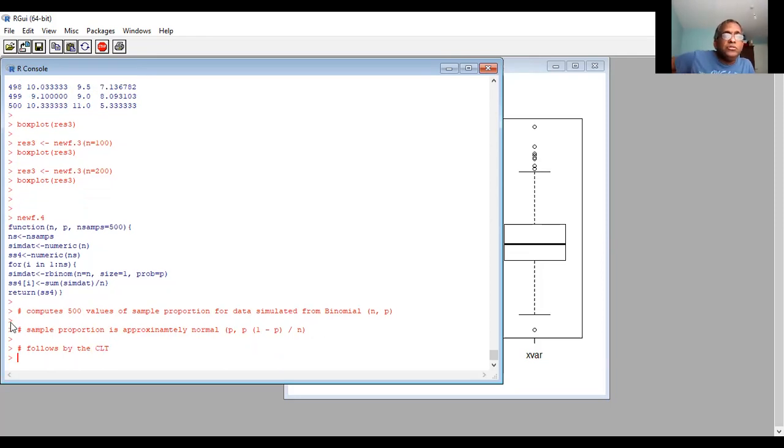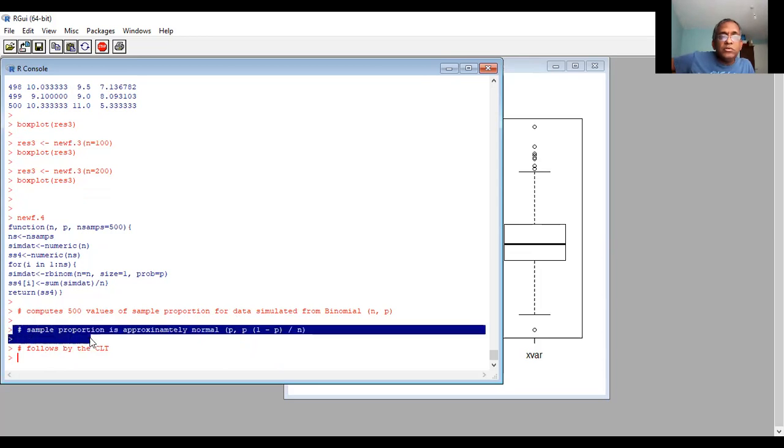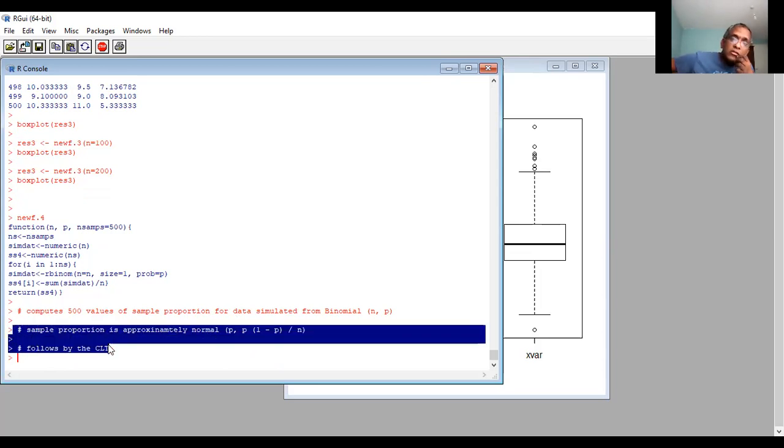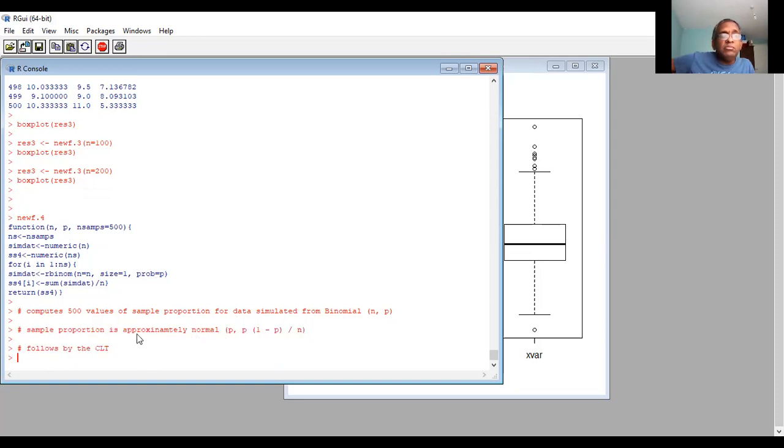If you don't remember this result, please look at the video on the binomial distribution, and you will see that I gave a proof that the sample proportion is approximately normal with the mean equal to p and the variance equal to p times 1 minus p divided by n.